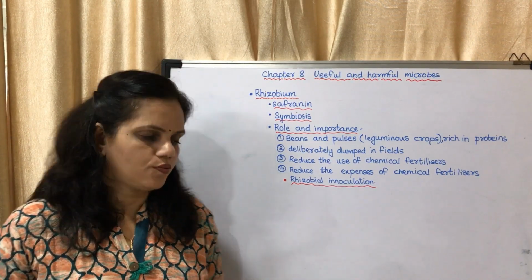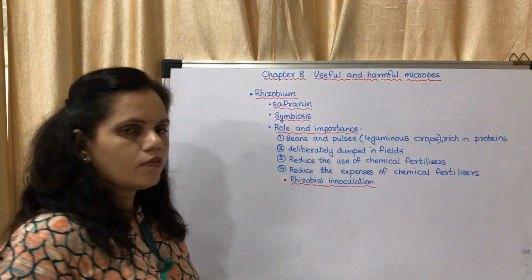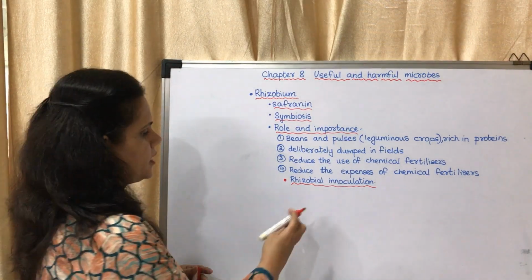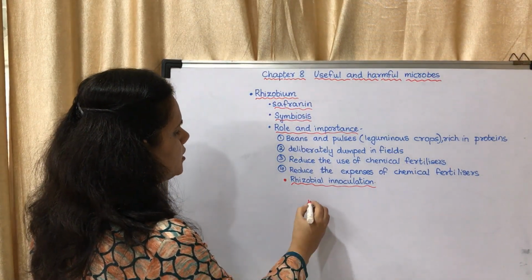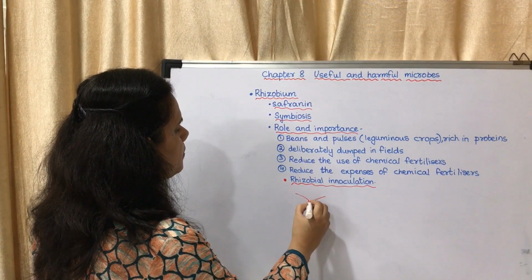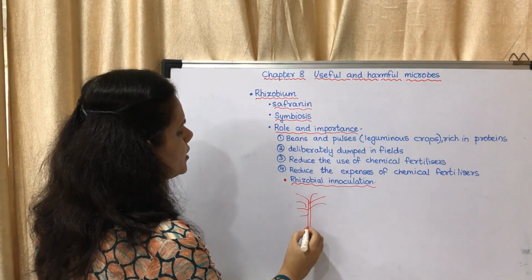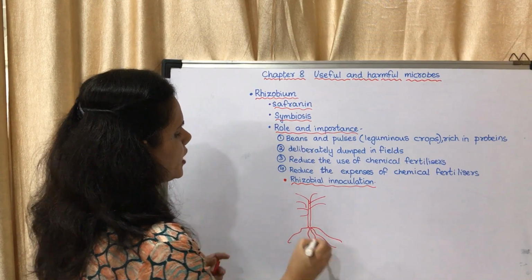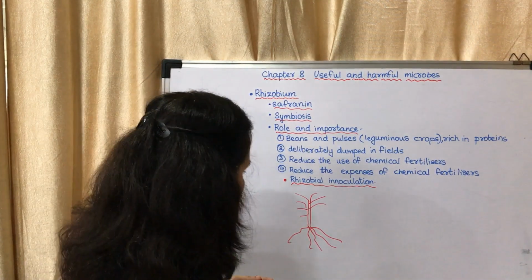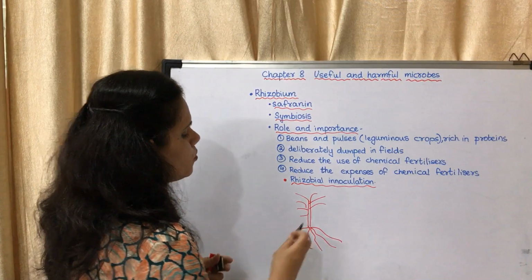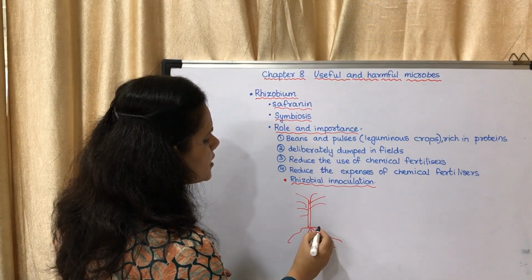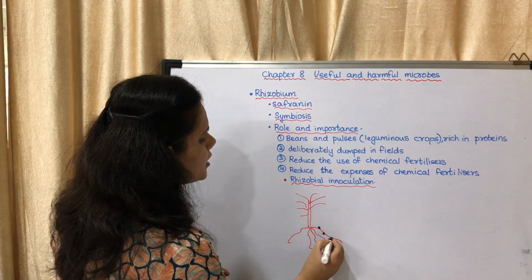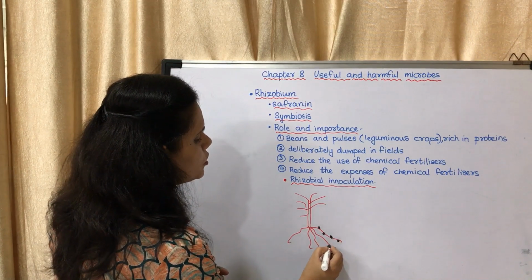They are useful. Now I'll show you what you mean by leguminous plants. So there is a plant, consider these are the roots. On the roots of those plants there are small nodules like this.